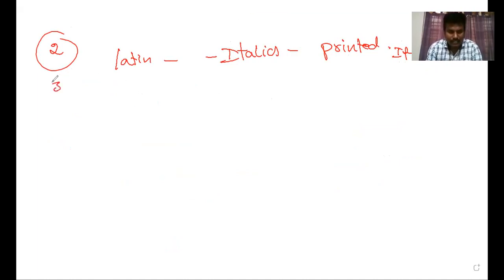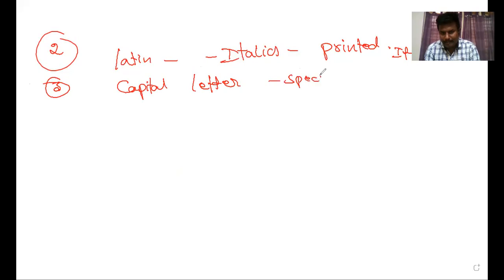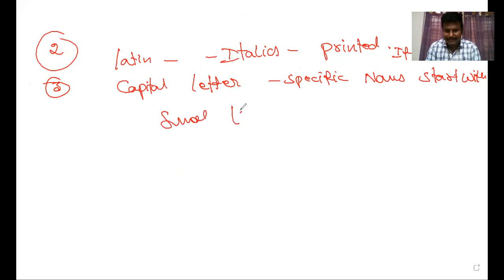The third universally accepted principle is that the generic name should always begin with a capital letter, but the specific name starts with a small letter.